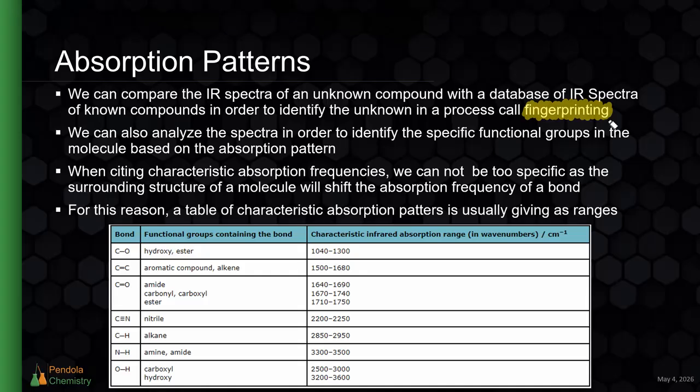We can also, and this is more what we're going to do in the AICE exam, analyze the spectra in order to identify specific functional groups. So the goal here is not necessarily to identify a molecule, although we can do that given a little more information, but we can actually identify functional groups based on absorption patterns, based on specific things that we know each functional group does.